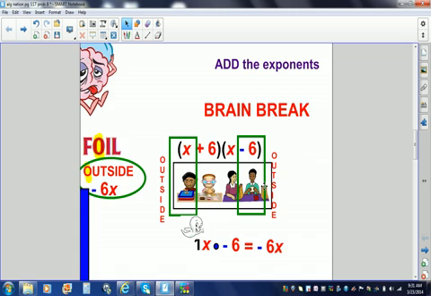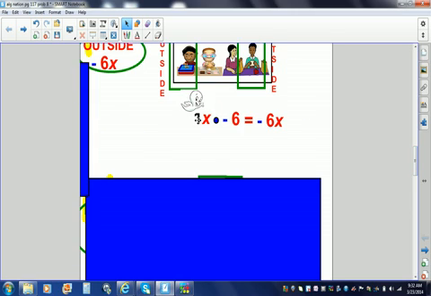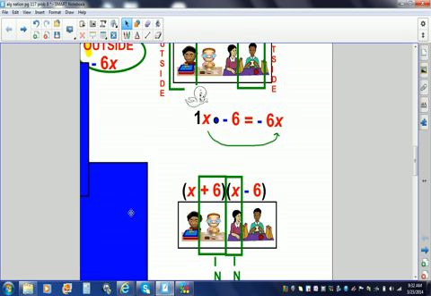Who's on the outside of the table? X and negative 6. So I'm going to multiply x and negative 6 together. I remember there is an invisible coefficient of 1. 1 times negative 6 is negative 6. My dog follows me everywhere I go. So that gives me negative 6x for the outside.